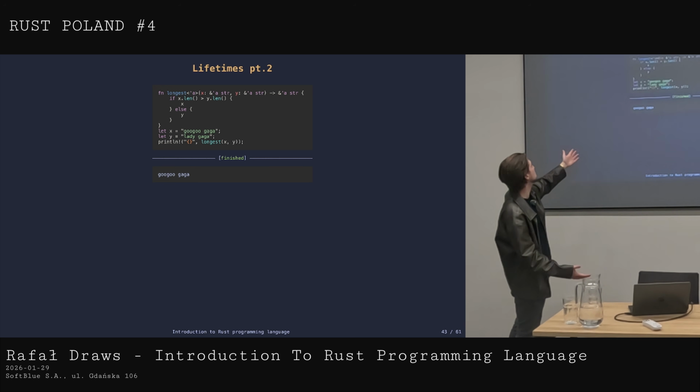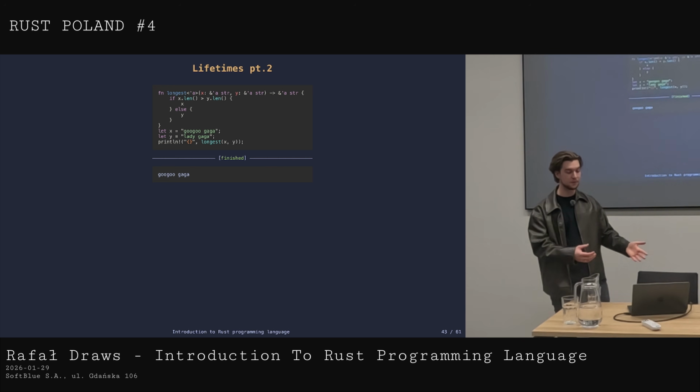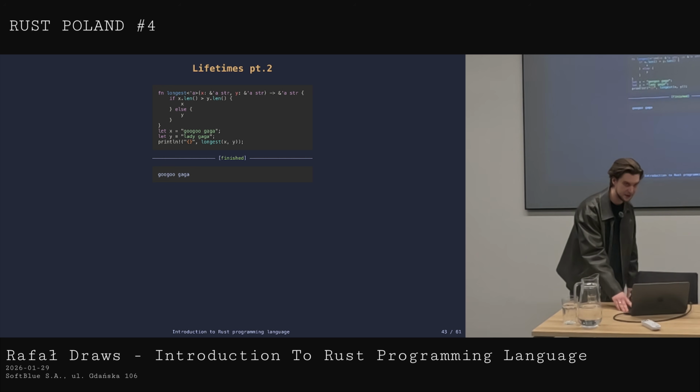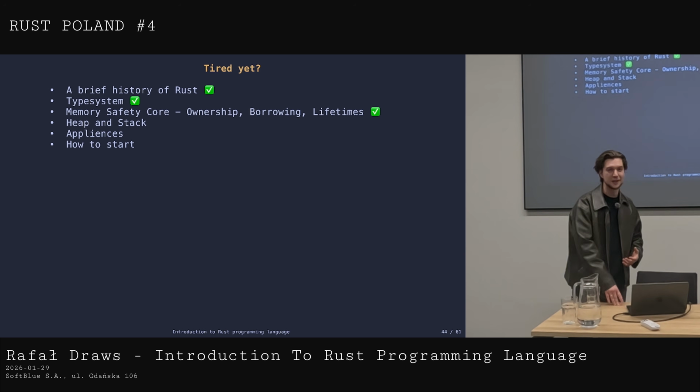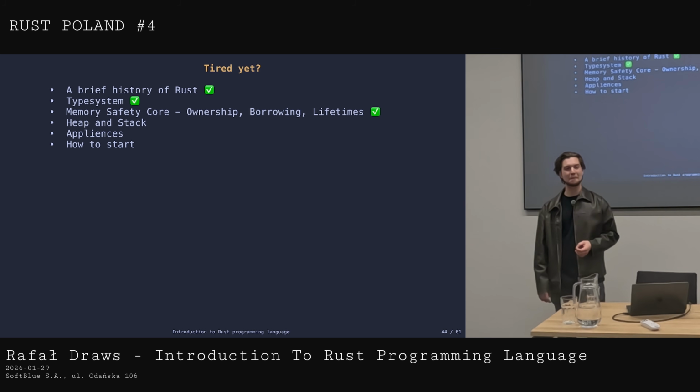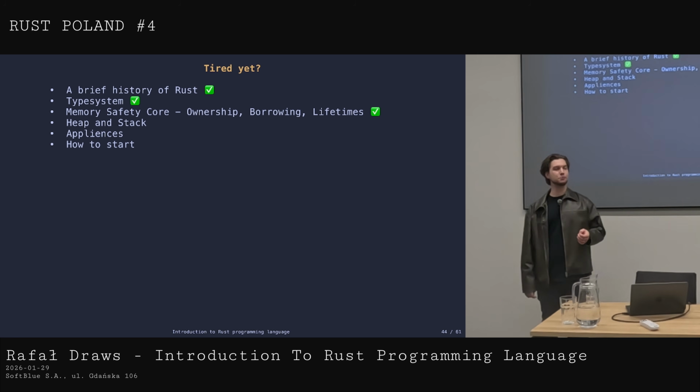I mean, we don't have access to x or y anymore because the values were dropped by the ownership principle of Rust. Anybody tired yet? Scared. Yes, it's scary. It's a lot to take in, but I'm going to explain why bother in the applications section.